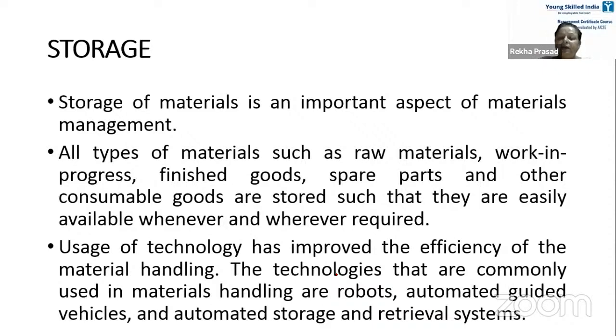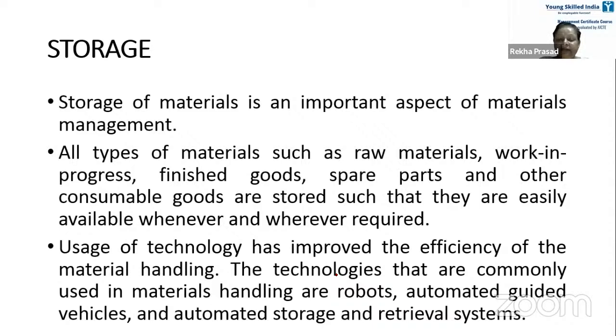With the improvement in technology, now we have so many computerized production systems, we have robotics. So all this has improved the material handling. Use of technology has improved the efficiency of material handling.